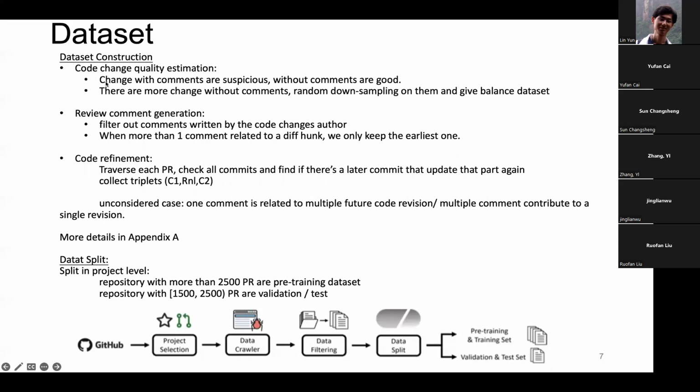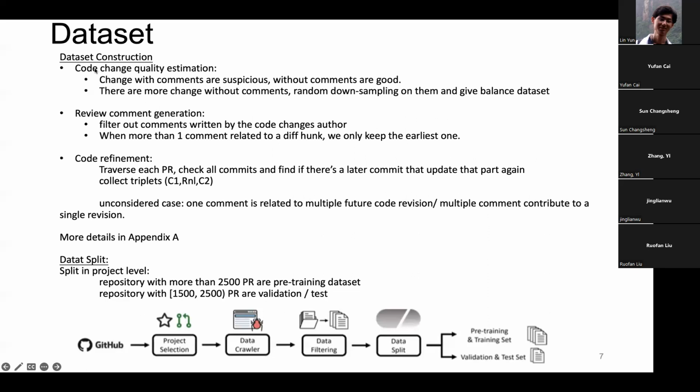They think the changes with comments are suspicious, so they are bad in terms of quality, and those changes without comments are good. Because changes without comments are three times more numerous than those with comments, they randomly downsample the good ones and give a balanced data set.